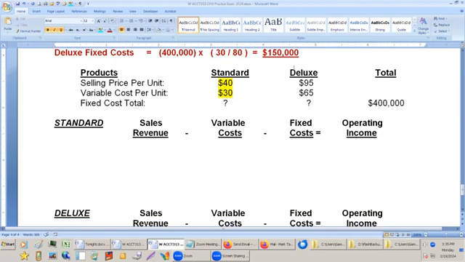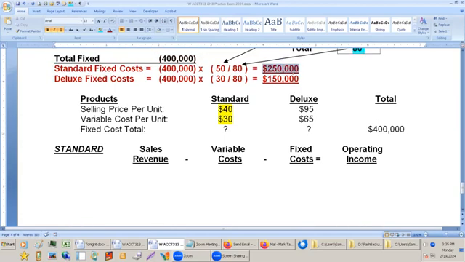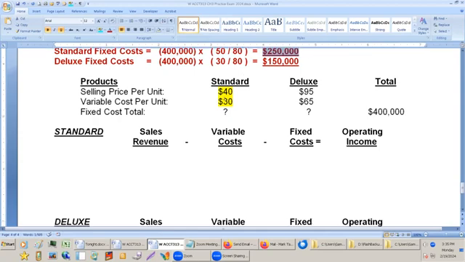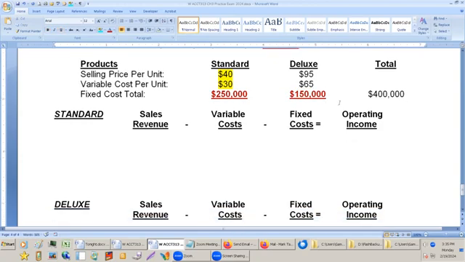The fixed cost for the standard is the 250. And the break even for the fixed cost for the deluxe are 150.